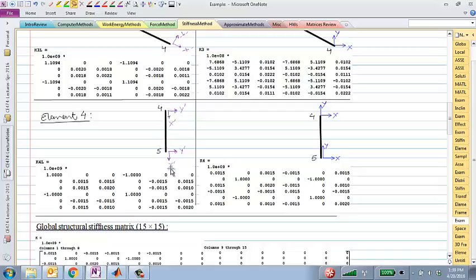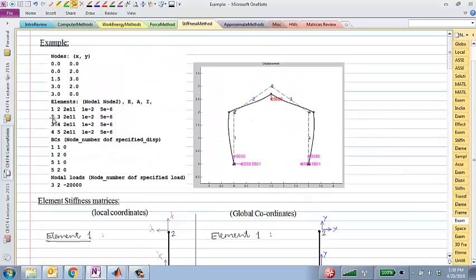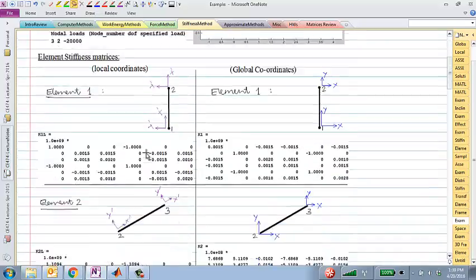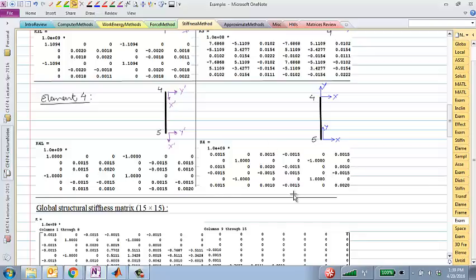That's mainly because of our notation for the nodes, and the connectivity that we defined in our input file. We are saying 1 is connected to 2 and 4 is connected to 5. If we switched the order, with 5 connected to 4, the program would still work and give you the correct result. It's just that your K global stiffness matrix for element 4 would turn out to be slightly different.